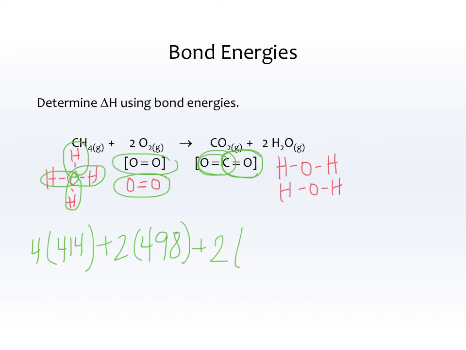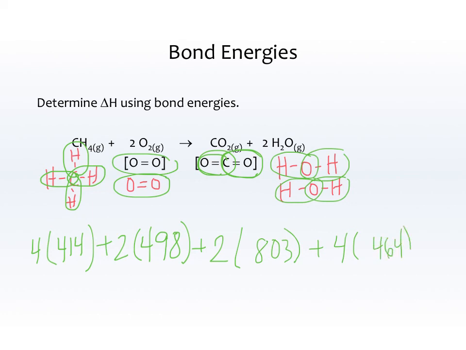So let's find that C double bond O on the list. It looks like it's 803. And then for water, we've got 1, 2, 3, 4 individual OH bonds. So finding an OH bond, that's 464.